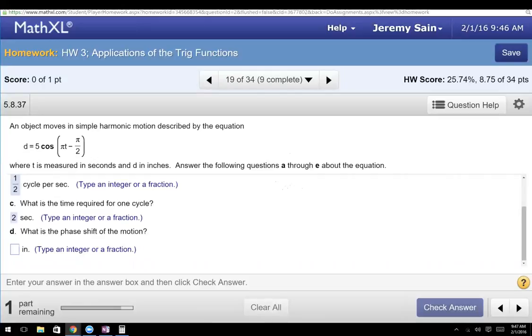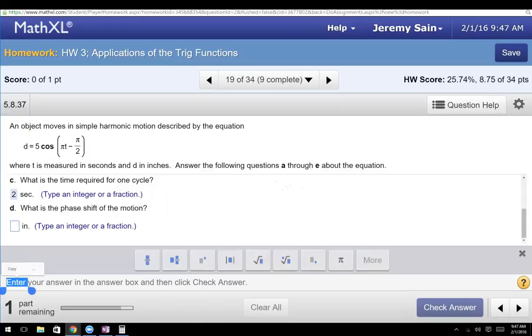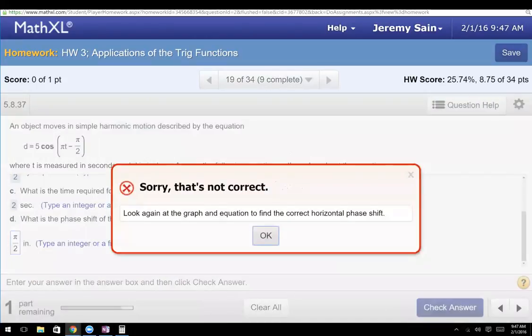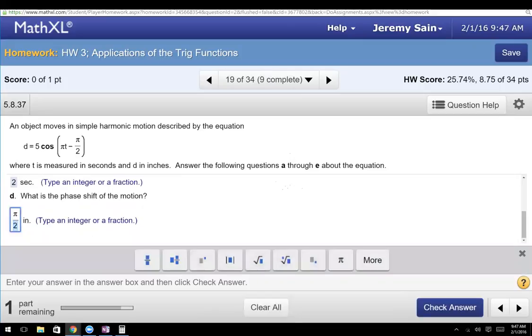What's the phase shift? Let me actually guess right quick, because books have different opinions. It's either pi over 2 or minus pi over 2. It's wrong. Okay. Apparently it's minus pi over 2.